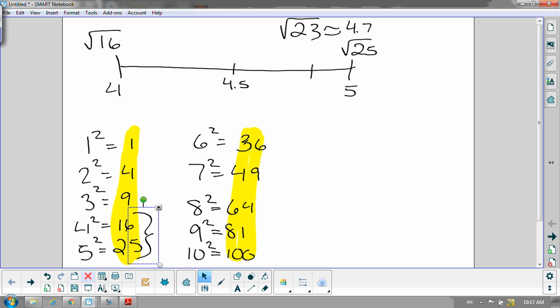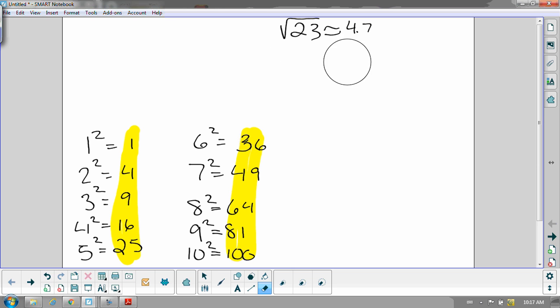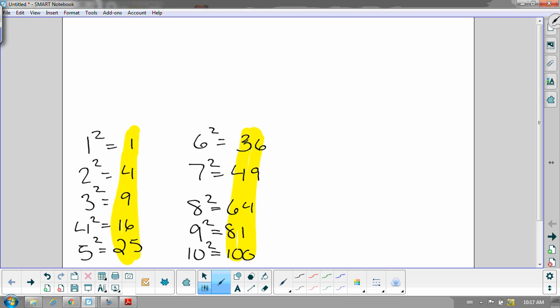I'm going to clean this one up. So now I want to calculate the square root of 127. Now, if I look on my chart, I only go up to 100, so I have to extend it a little bit more and think that 11 squared is 121.